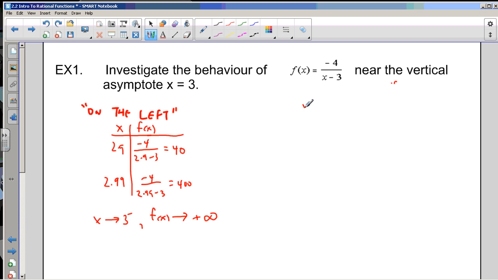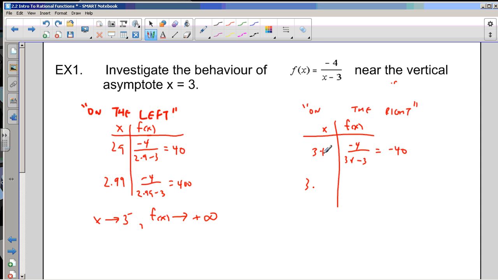Now, what about on the right? It's a similar calculation. On the right would be a little bit bigger than 3, 3.1. Do a calculation. 3.1 minus 3, that's going to be -40.